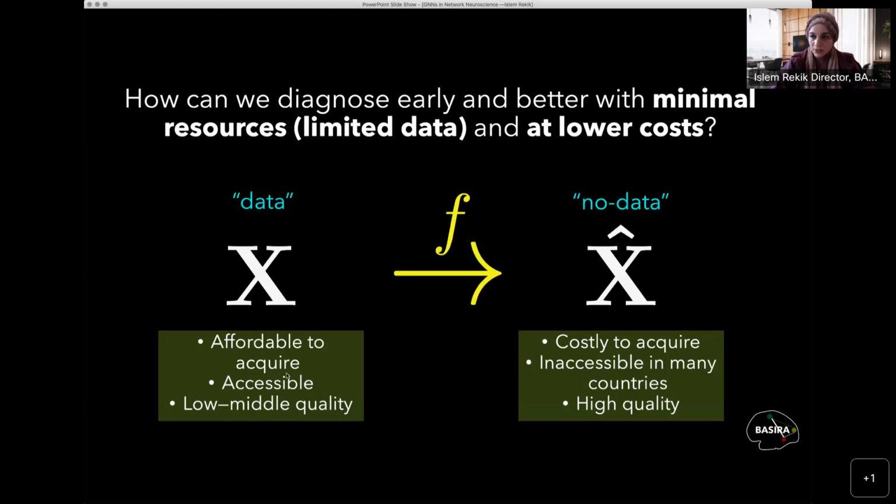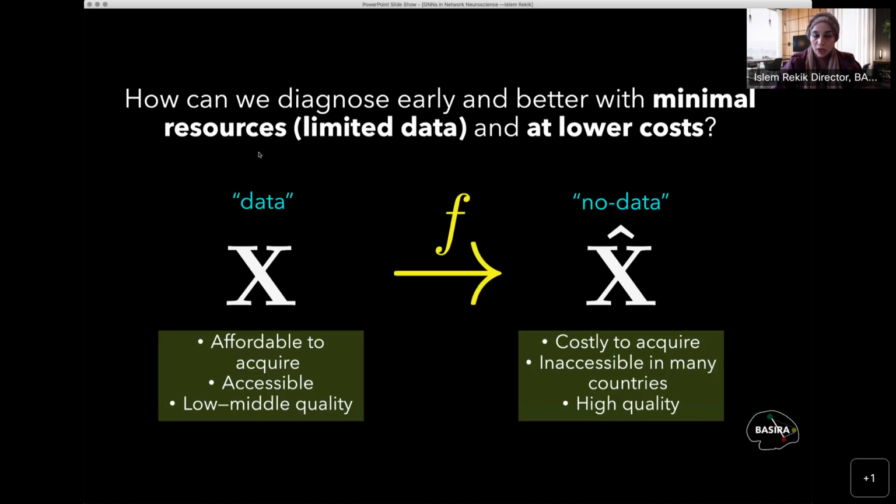We cannot start from zero. For example, CT or ultrasound might be more affordable than MRI in particular countries. So we can start from there and then try to predict the costly, high quality data that we don't have the machine to acquire, of that particular modality, like MRI. So getting MRI, for example, from CT.